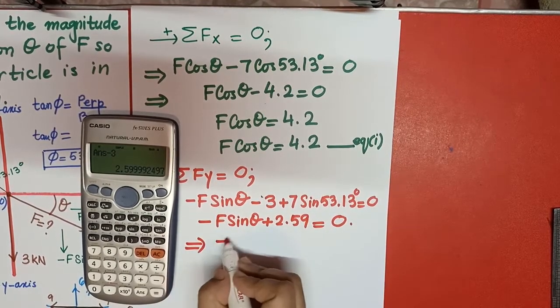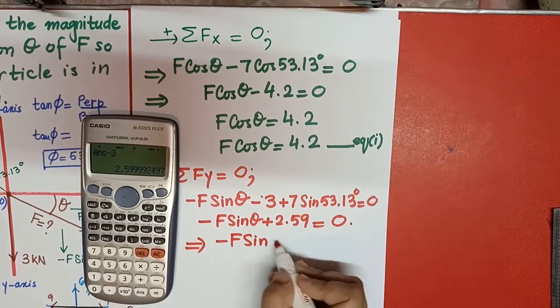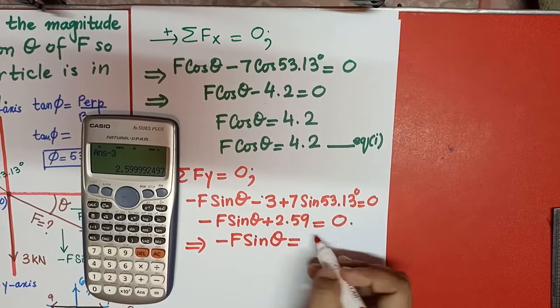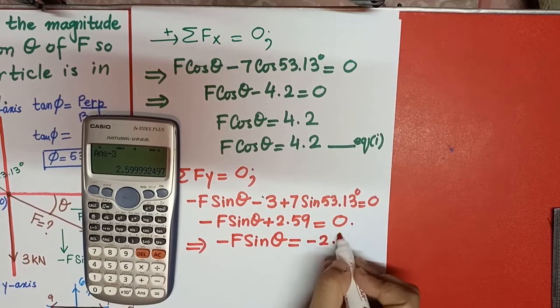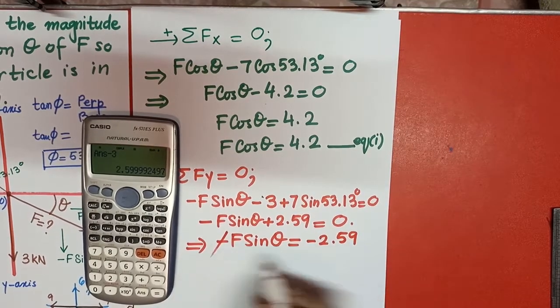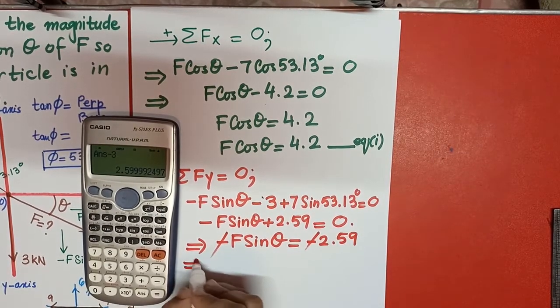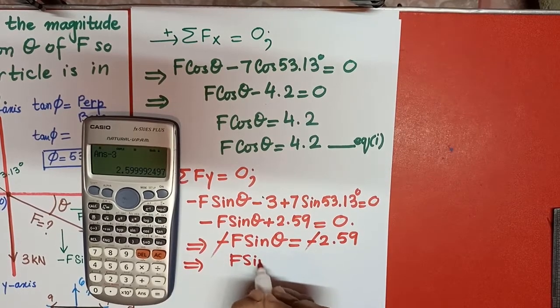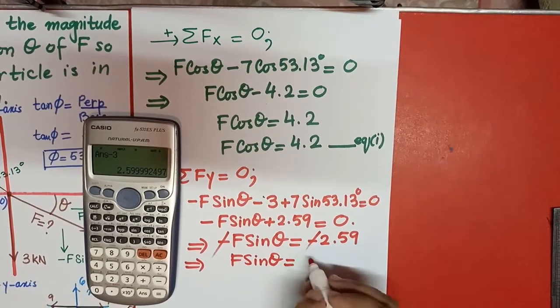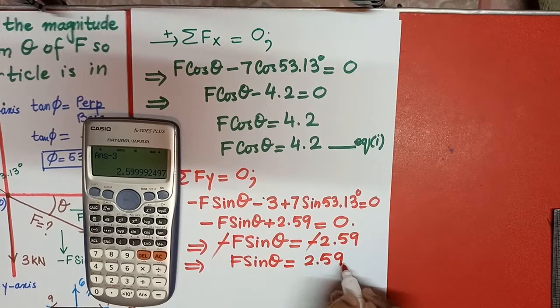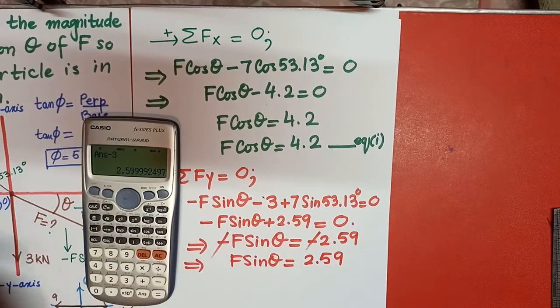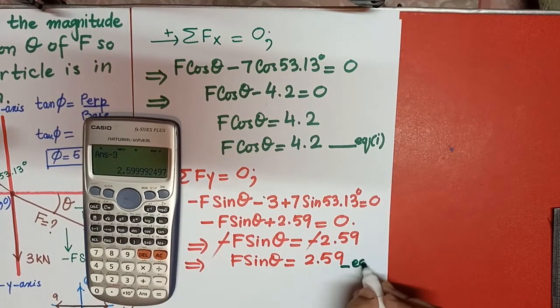If I move it to the opposite side of the equals, it becomes minus 2.59, so I cancel the minus. So f sine theta is equal to 2.59. This will become equation number 2.